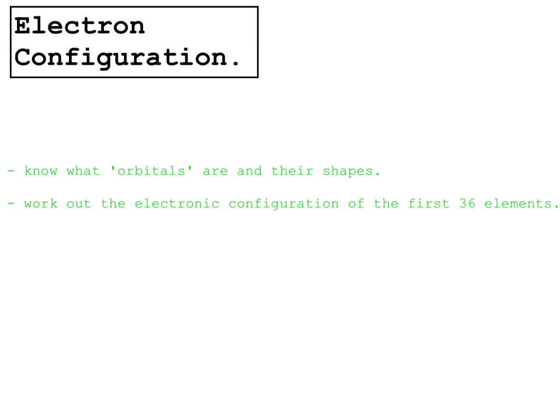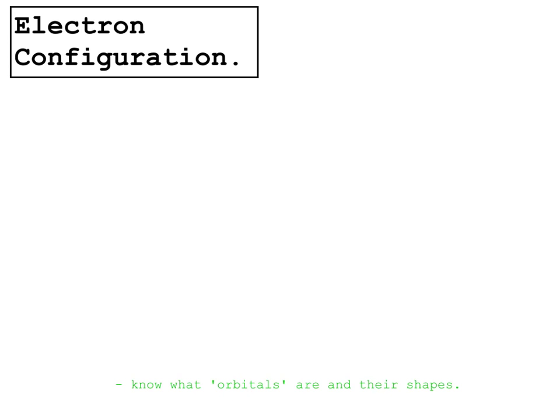At GCSE you learn that electrons orbit the nucleus in shells, and that is true, but it's a massive simplification of what is actually the reality of how electrons behave around the nucleus. The next step up the ladder, if you like, is what you learn at AS, and that's orbitals. An orbital represents the probability of finding the electron in that space, and usually we set that at about 90%.